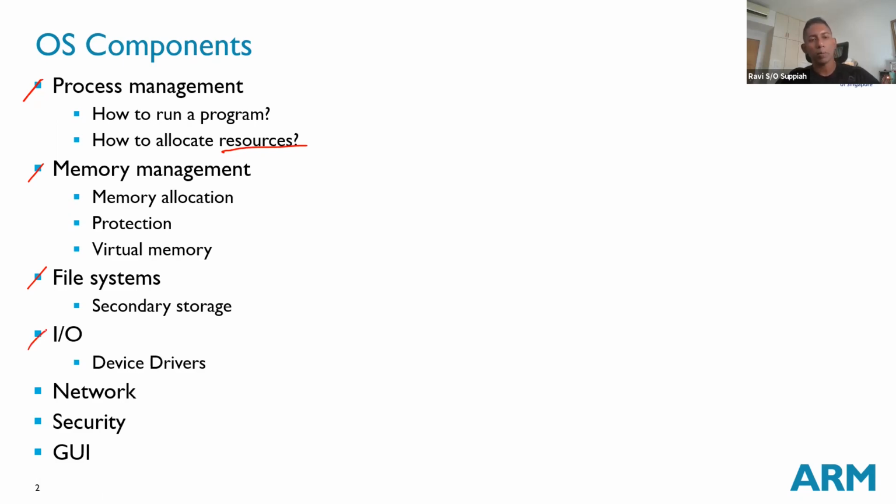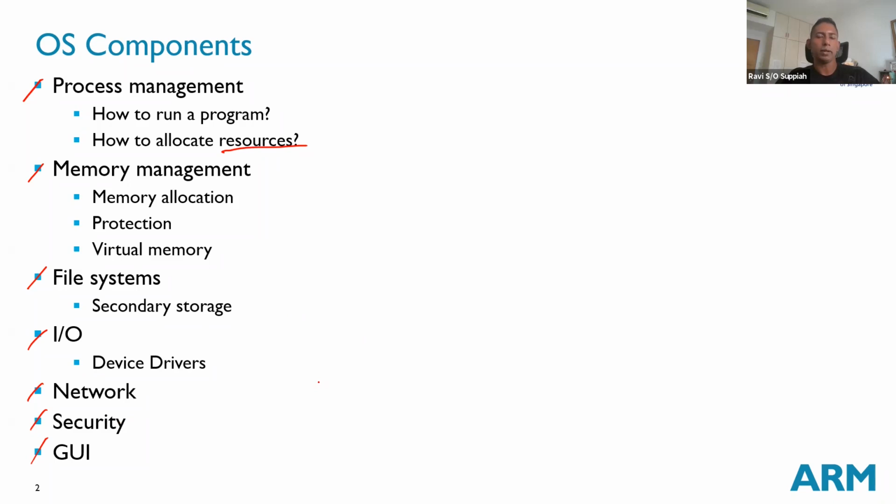Input output device drivers are of course the most basic one, because of the GPIOs, the PWMs and so on. Whatever your system is supposed to have, you should be able to control that even at the OS level. Then the other three: network, security, and GUI. Network, I think all of us know: connectivity, Wi-Fi, and so on.